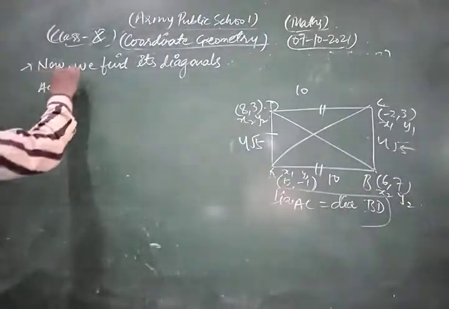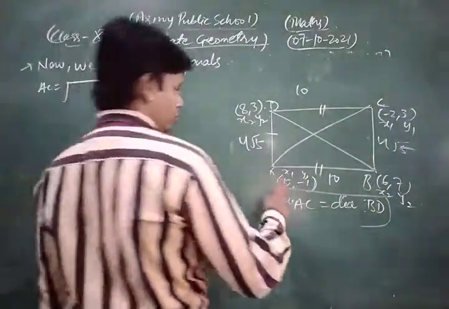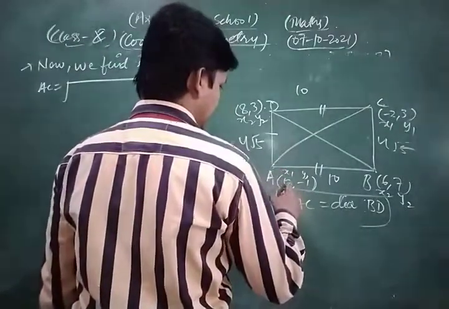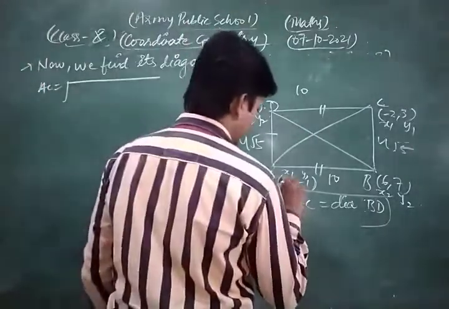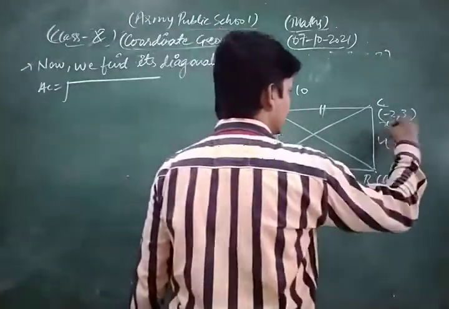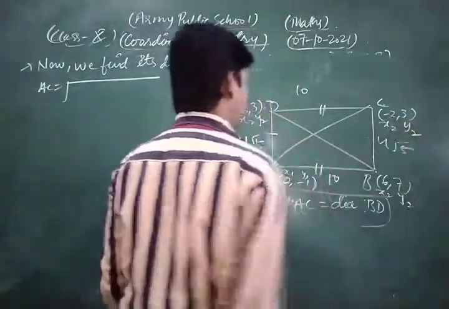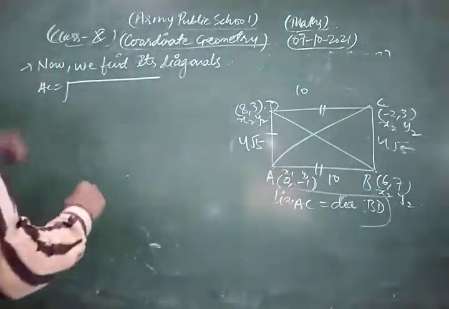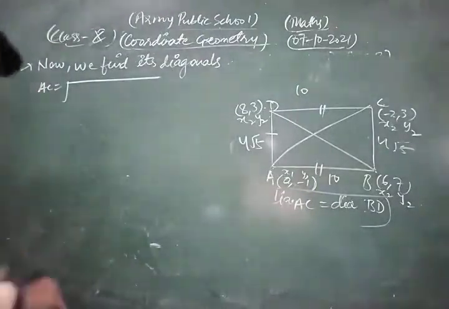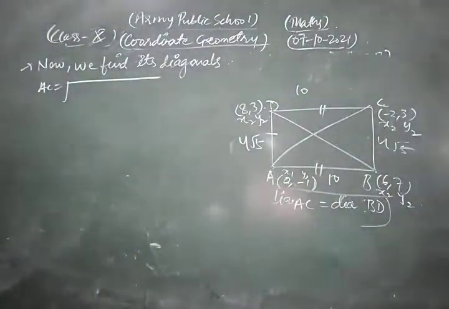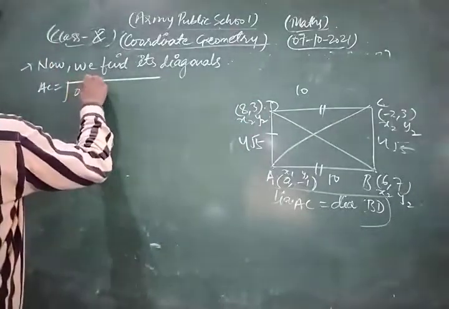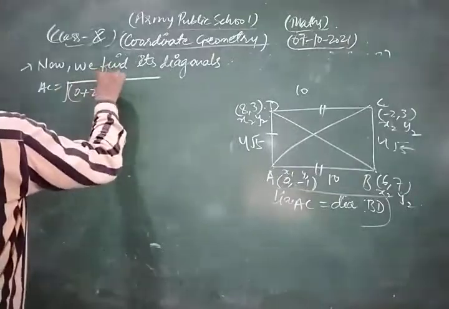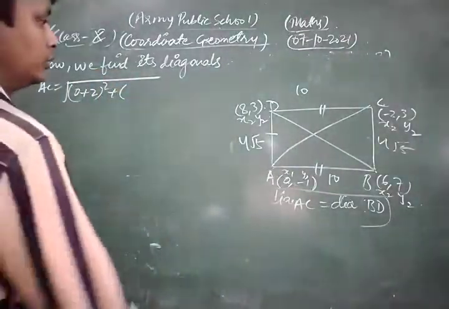So for diagonal AC, we apply the distance formula. So this is A, the point 0, minus 1. This is x1 y1, and we take the other as x2 y2. Now again we apply the distance formula. x1 minus x2 means 0 plus 2 whole square plus y1 minus y2 means minus 1 minus 3.